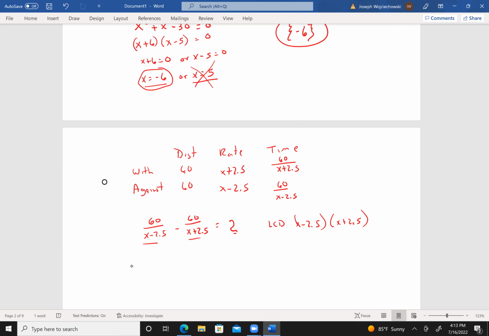And just to make things easier on us, x squared minus 6.25. That's what that comes out to be. We'll need that in a moment. So here I'm going to have 60 times x plus 2.5 minus 60 times x minus 2.5 equals 2 times both of them, x squared minus 6.25.